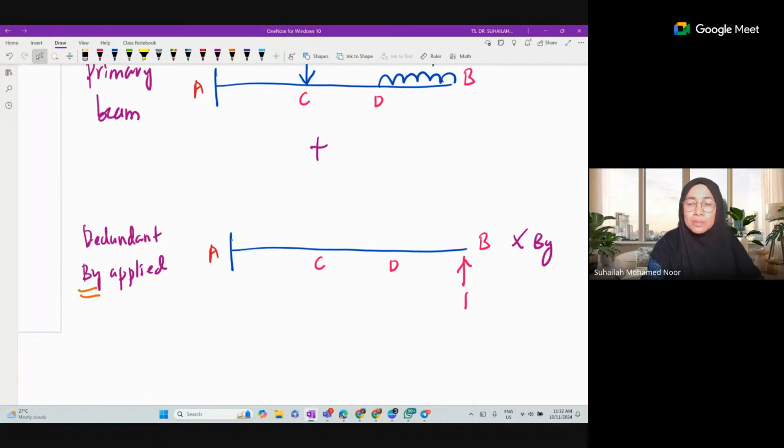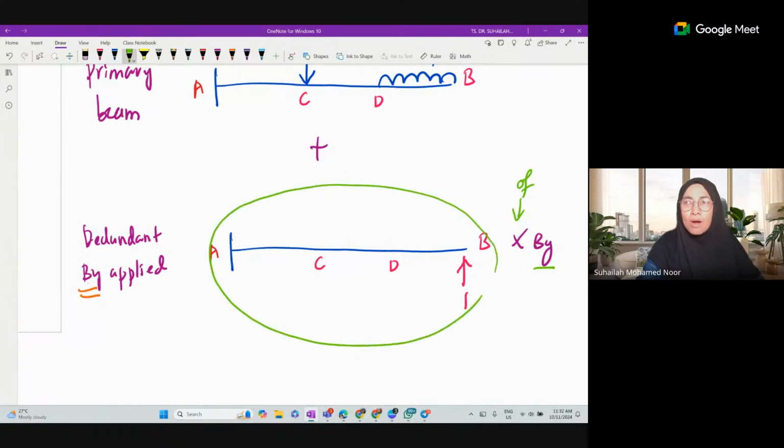So what we will do is analyze a unit value of redundant. So the diagram of the redundant beam looks like this: a cantilever beam subjected to a unit value of BY. The whole value in the system is the unit value times BY.